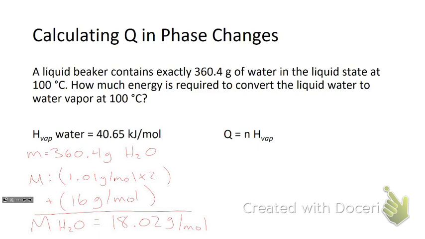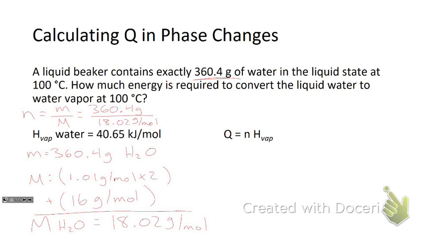So now we have n is equal to little m over big M. So the mass of our sample, how much water do we have? Perfect. This is the mass of our sample. So 360.4 grams divided by 18.02 grams per mole.